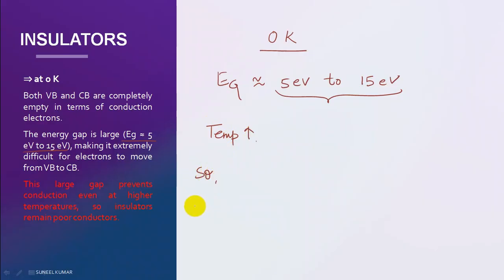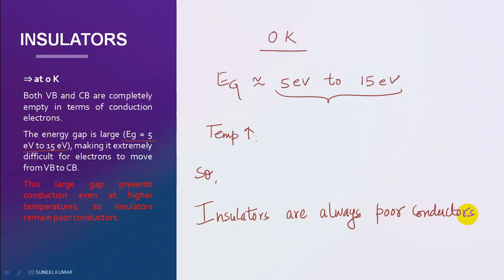So we can write that insulators are always poor conductors. Why? Because we don't have any free electrons in the conduction band.